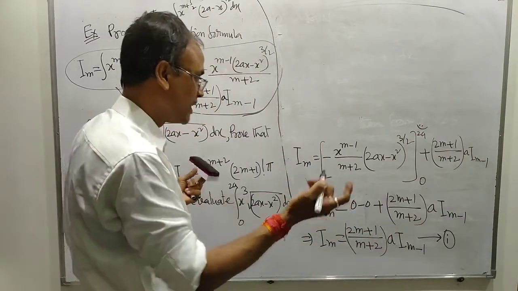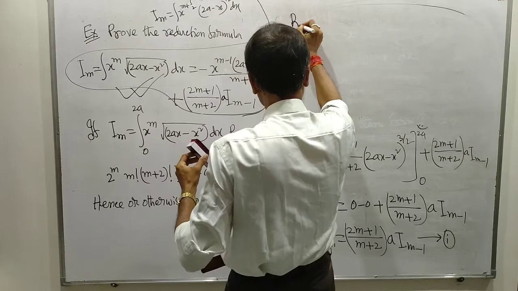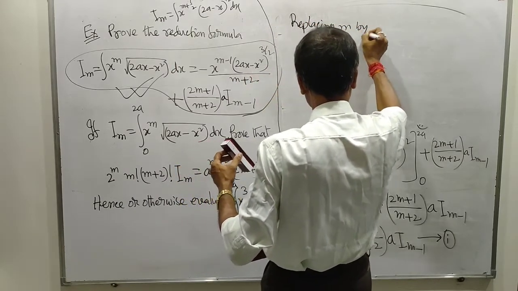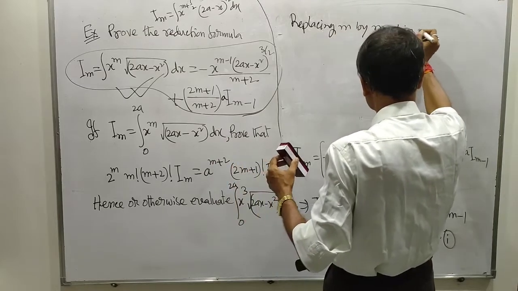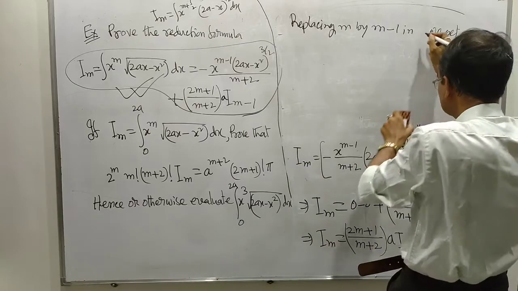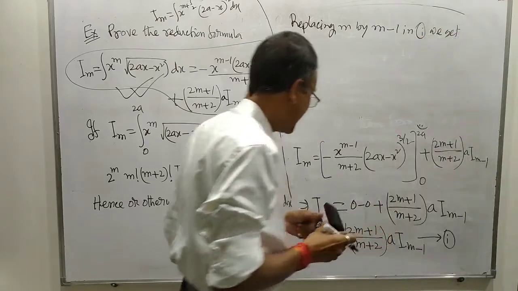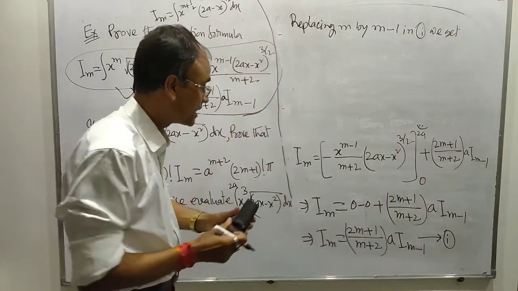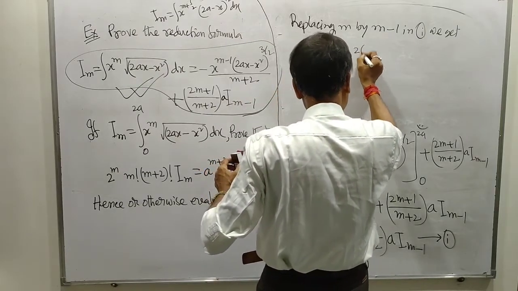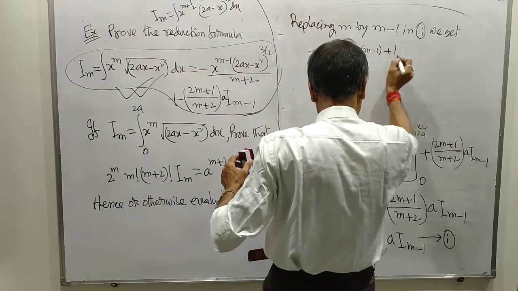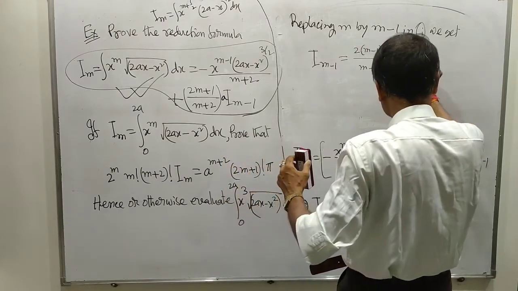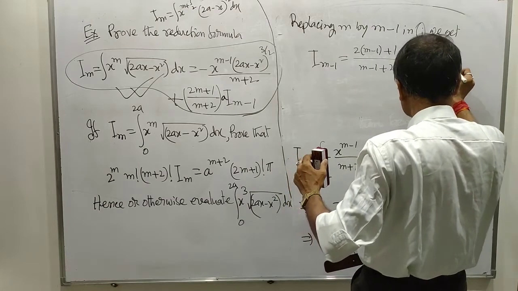Replacing m by m minus 1 in 1, we get I m minus 1 equal to 2 times (m minus 1 plus 1) divided by (m minus 1 plus 2), a I m minus 1 minus 1.